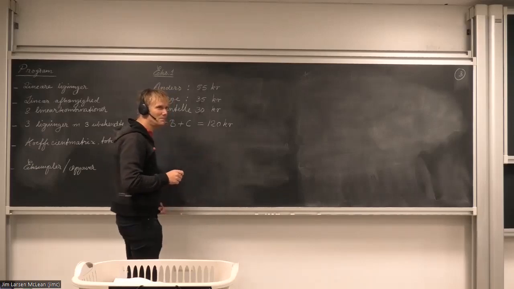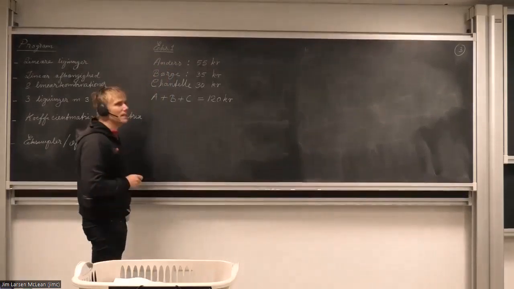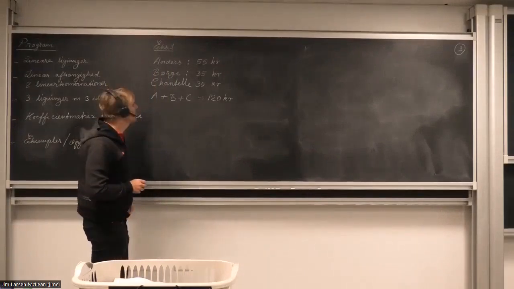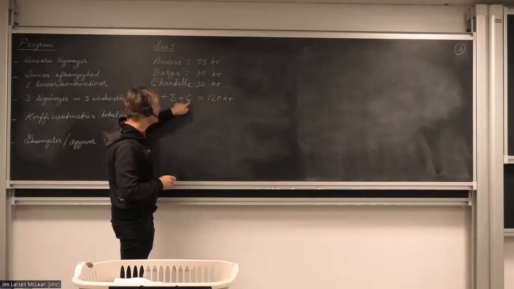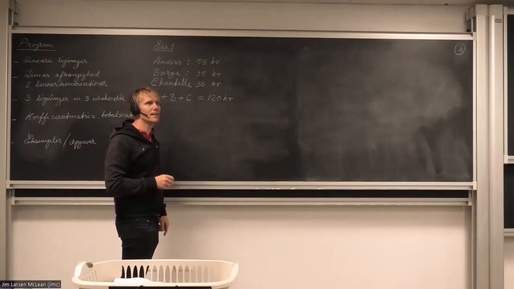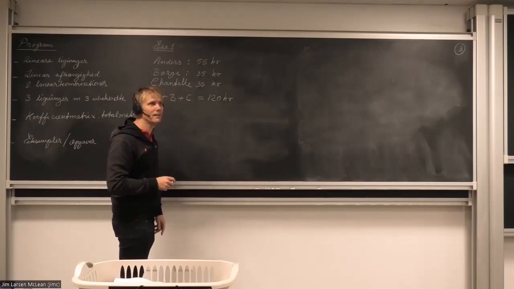Are you ready? So let's set up the equations. What do we know? If the symbols A, B, and C represent how much money they originally had, what can I say then?